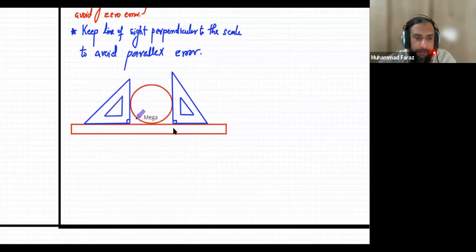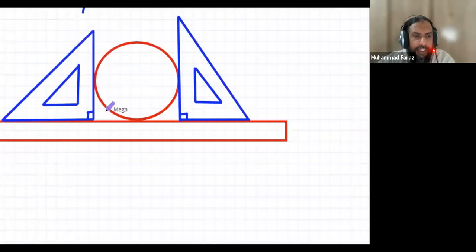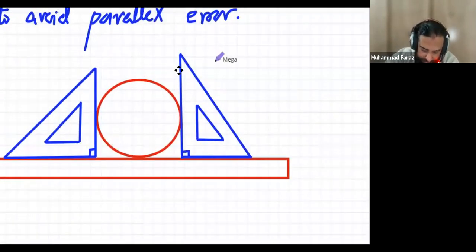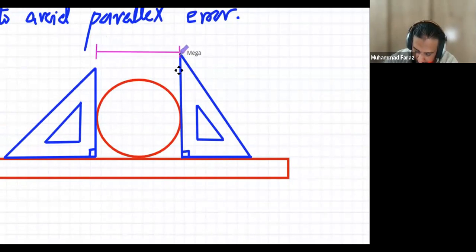So look, when I put the scales like this, how can I measure the diameter now? Listen, the diameter is from here till here. This is diameter.